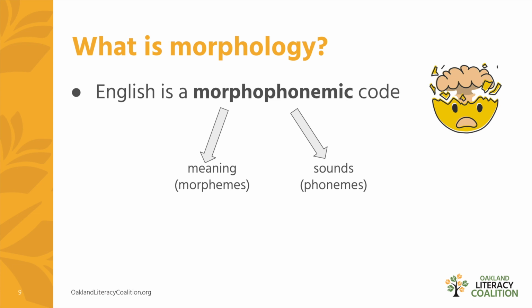For example, in this word, R and E represent the phonemes R, E in the word red. But in this word, RE represents the morpheme re, which means again. Specifically, to do again in the word redo. This can be tricky for early readers to grasp.